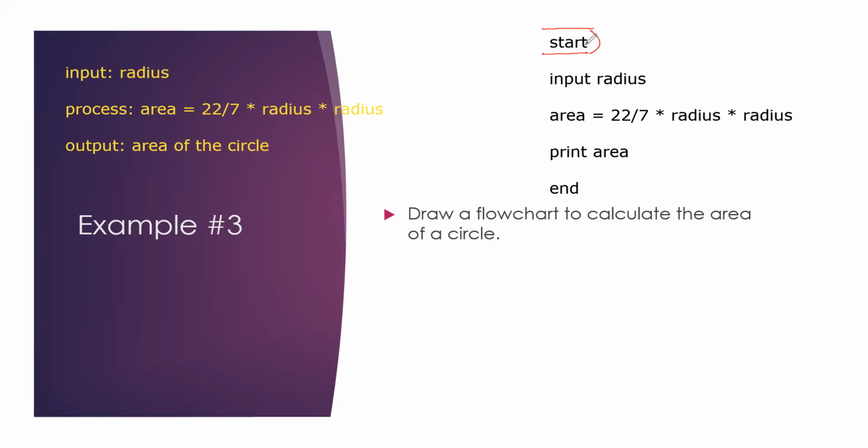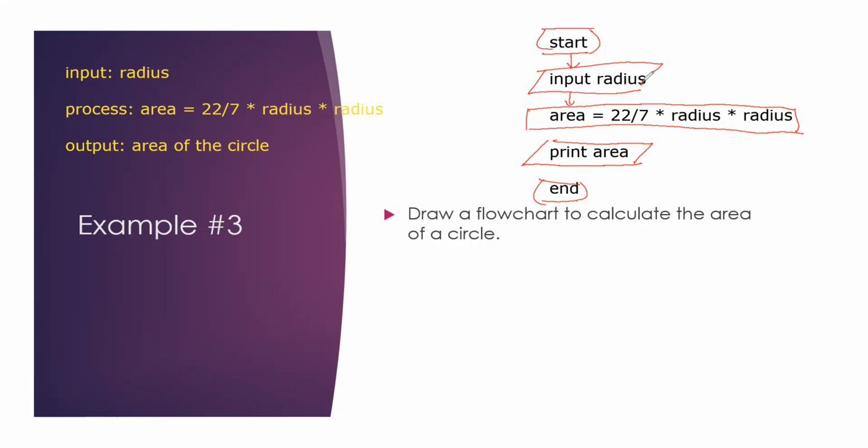So this is the start, and this is the end, and these are inputs, these are outputs, and this is process. That's all. So we can draw the flow lines.